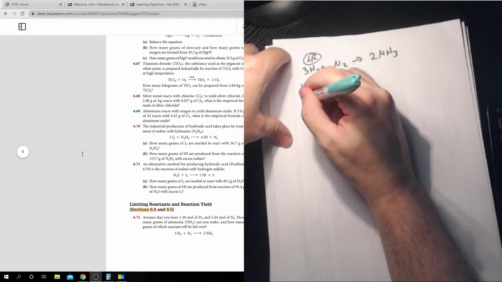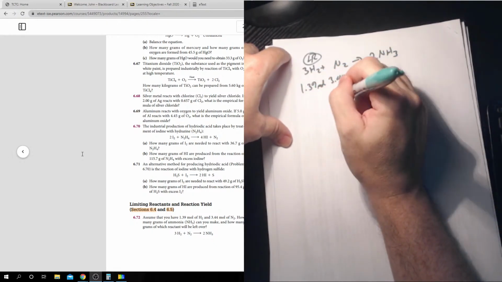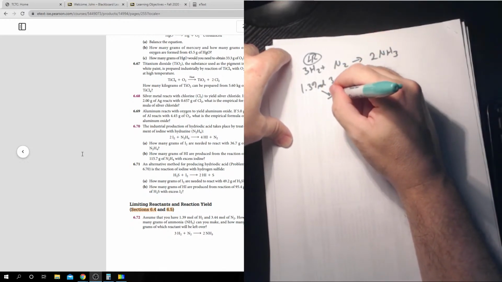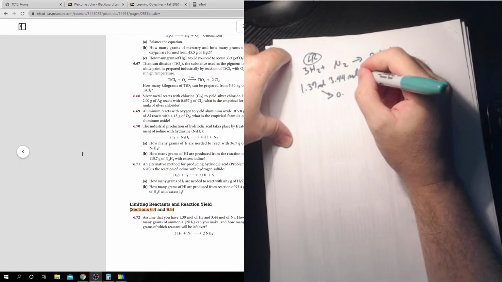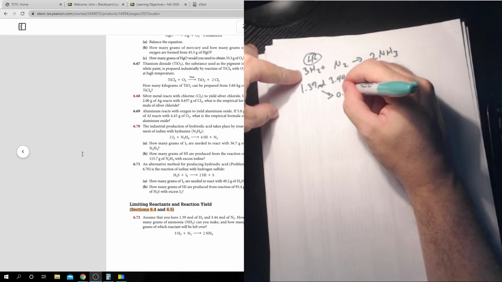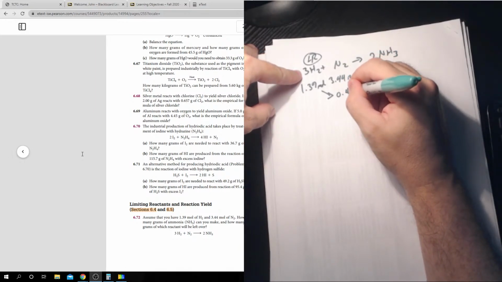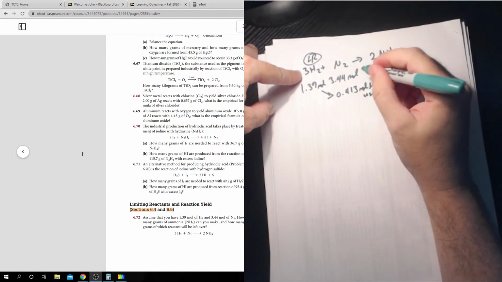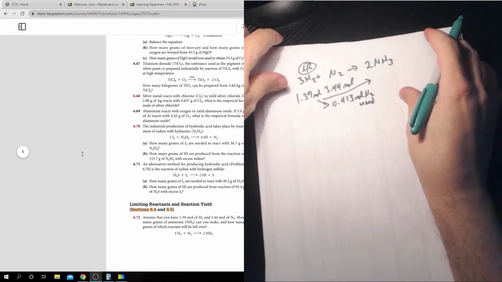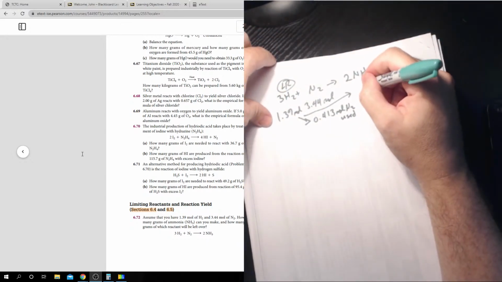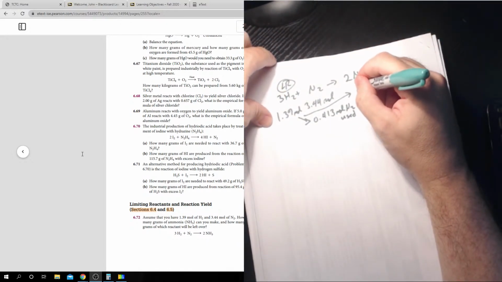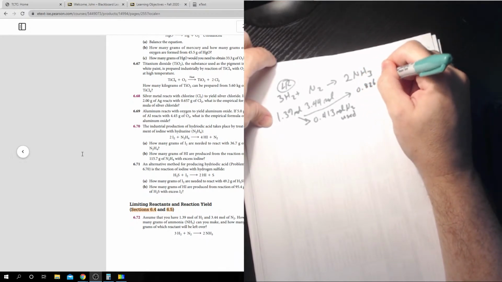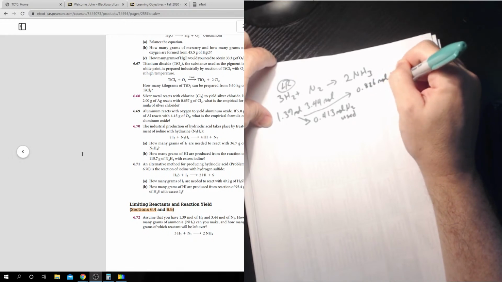So 1.39, divided by 3, 0.463 moles of N2 used, and we'll produce twice as much of that as ammonia, so 0.926 moles of NH3 made.